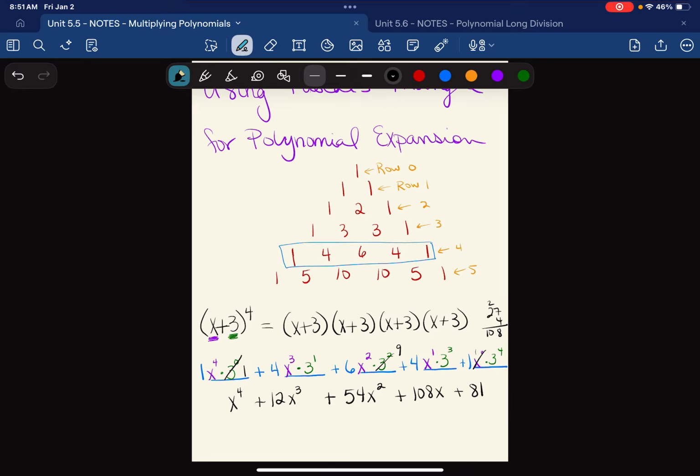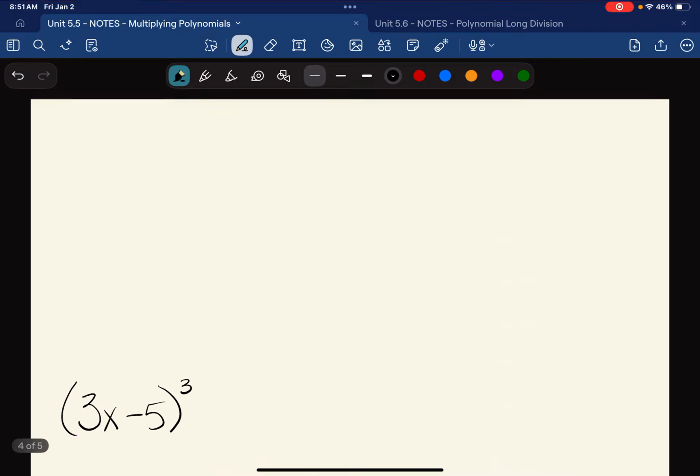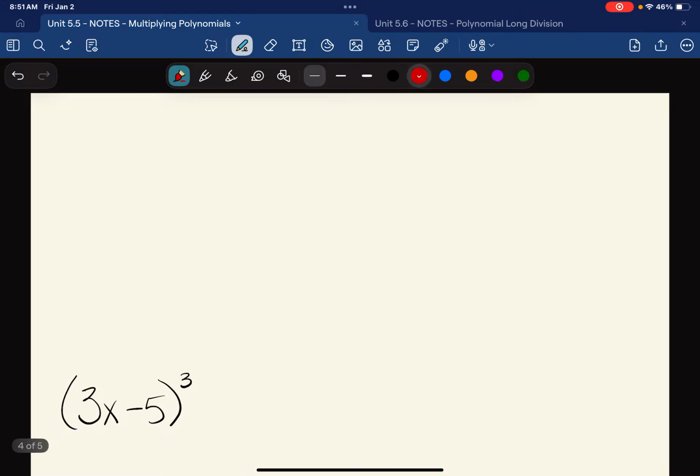All right, let's try another problem. What do we do if we have (3x minus 5) cubed? So not only is this not just an x variable with a coefficient of 1, we also are subtracting in this problem. So let's see what happens here. I'm going to make Pascal's triangle at the top again. So we start out with 1, 1, 1, 1, 2, 1, 1, 3, 3, 1.